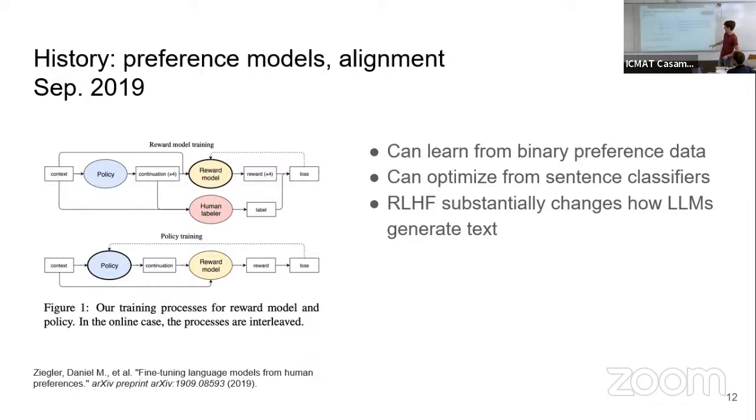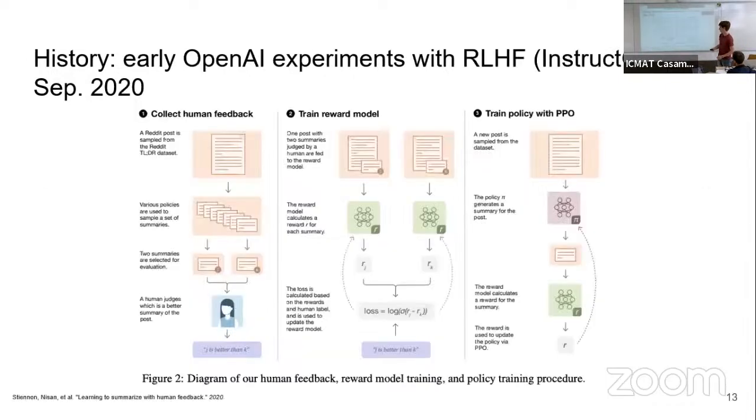The goal of this paper was to optimize a large language model to produce summaries that are preferred by the most people. So the setup is, the same language model produces two different summaries of some text, and then we have people rating which summary they prefer. And in the end, we can further optimize the model to improve this preference for the people. But we're going to see the details very soon.